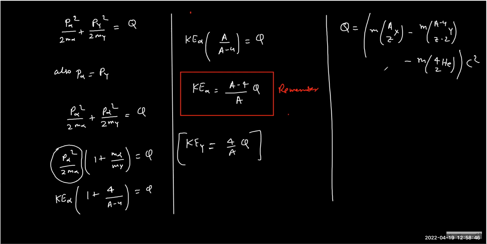No need to worry again. This is easy to calculate because we can get it in AMU and we know the formula. You know, one U is 931.5 mega electron volt by C square. So you just need to find the difference of masses like this and then substitute the value. You can get the answer easily.